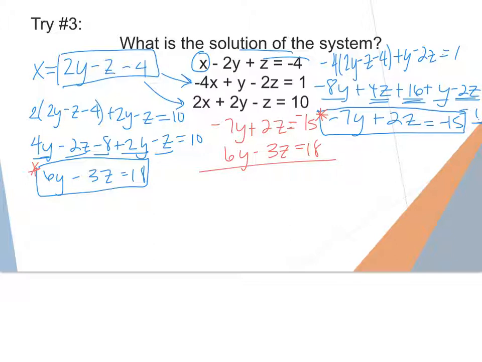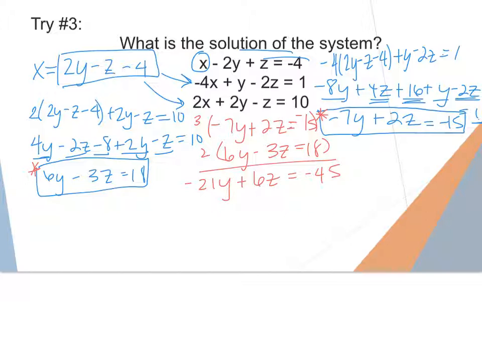So if I want to choose 6 as my least common multiple for the z's, I need to multiply my top by 3 and my bottom by 2. So when I rewrite, I'll get negative 21y plus 6z equal to negative 45.